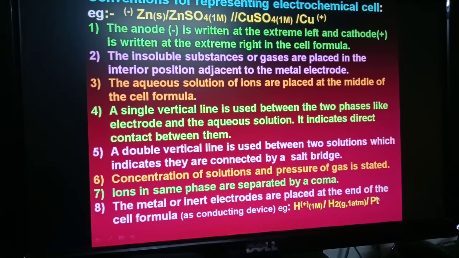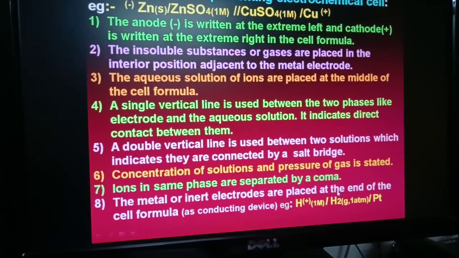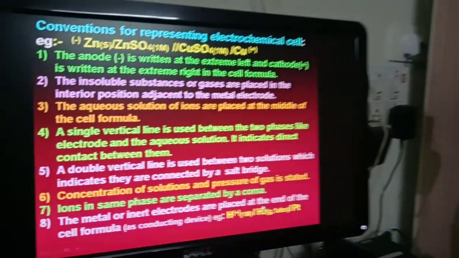Why is platinum used here? Any gas cannot directly conduct electric current. In order to provide electrical contact, platinum is used with the gas.